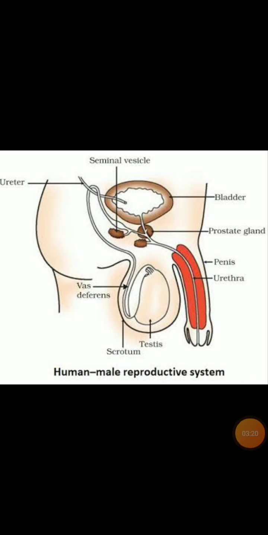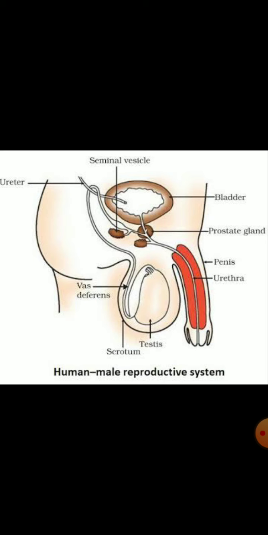If we consider that the normal body temperature is nearly 37 degrees Celsius, then the sperm formation process requires a lower temperature than that.